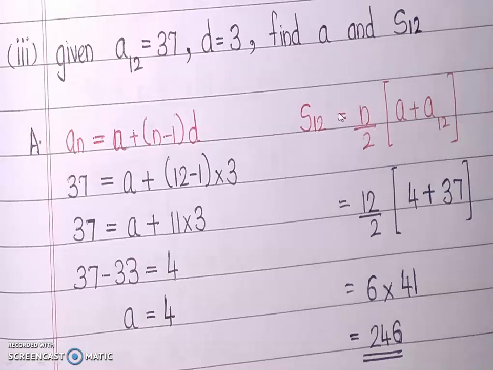If the n are different, students, please don't use this formula. Okay. Now here n is equal to 12 and A you found it as 4 from this equation and A12 is given as 37. Simplifying, you will get it as 246.